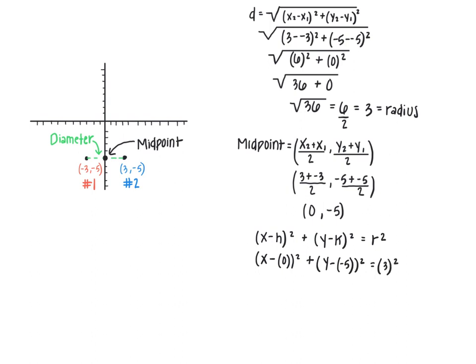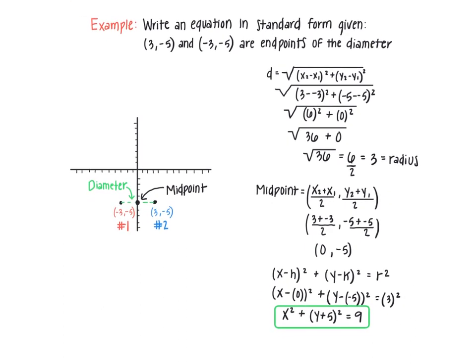We're going to go ahead and clean this up. I'll drop the 0, so x squared plus y plus 5 squared is equal to 9. So this is my standard form equation for a circle which has a radius of 3 and a center at 0, negative 5.